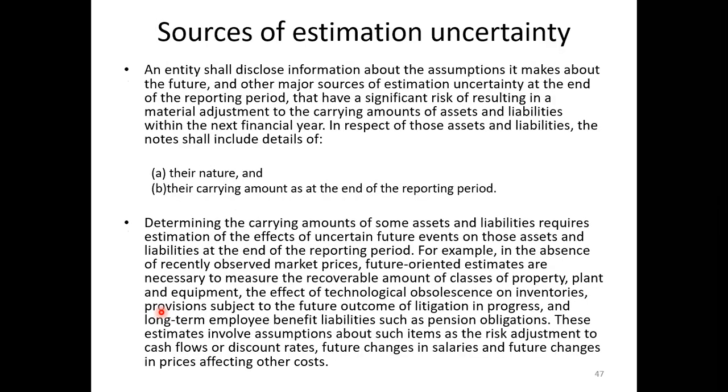Source of estimation uncertainty. So some estimation management should make, for example, regarding the provision for bad debt. It's a kind of estimation. We may expect that 5% of our customers will not repay our money.